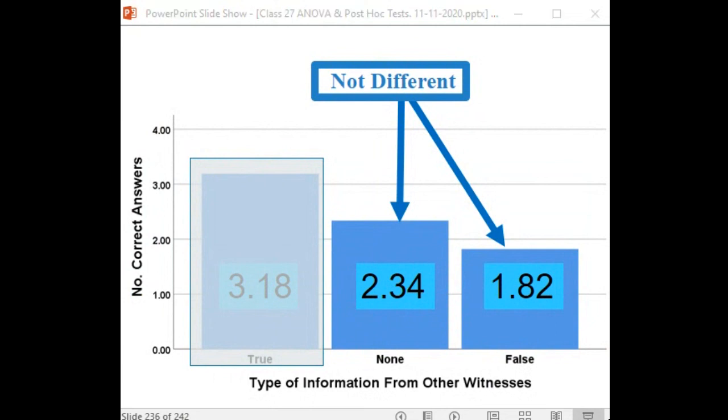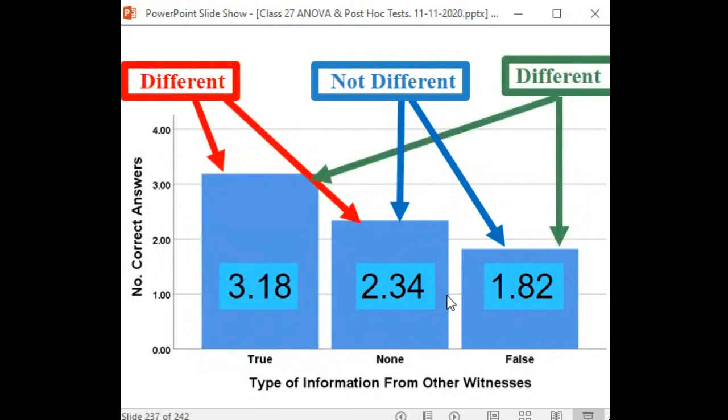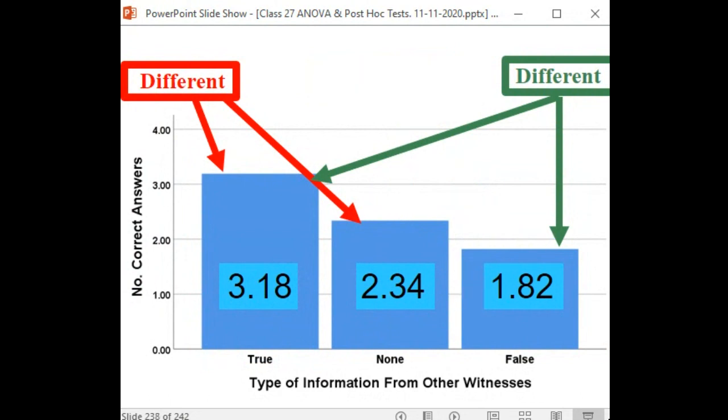Okay, now we have finished looking at the printout and the post-hoc tests. We did 3 comparisons, and here's what we found. Some of the differences among means are significant, but some are not significant. These are the ones that turned out to be significantly different.